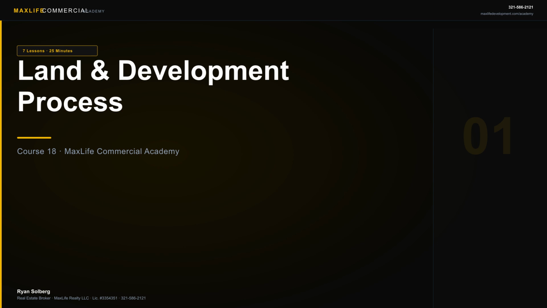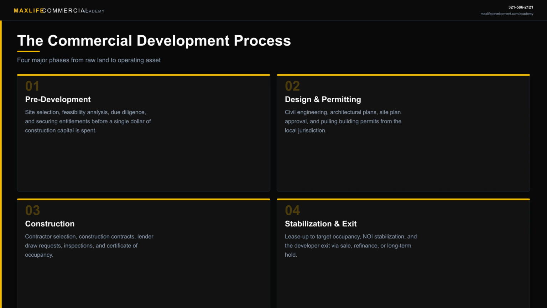Let's get into it. The commercial development process has four major phases, and understanding how they connect is what separates developers who succeed from those who get stuck halfway through a project. Phase one is pre-development. This is everything that happens before you break ground.